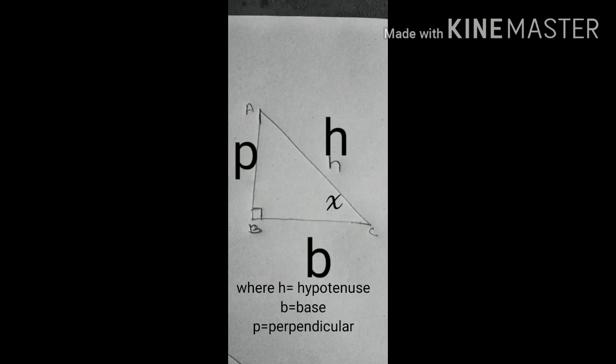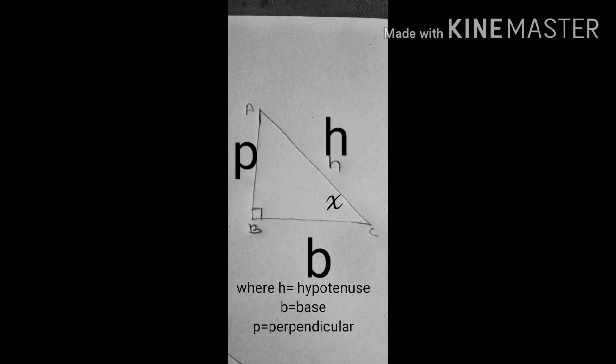Then comes the next segment: how sine, cos, tan, cot are related with this right angle triangle. In a right angle triangle there are 3 angles. One is 90 degrees and the other 2 are acute angles.